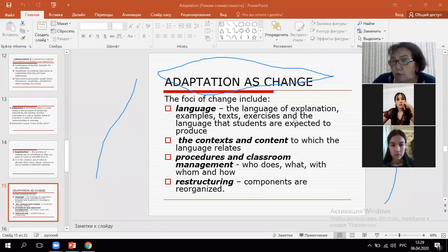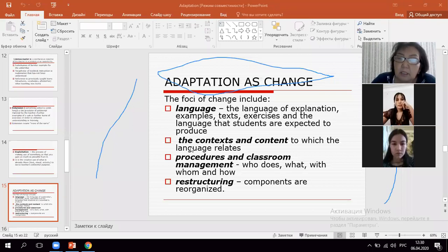Because you know that the language of the text, for example exercises or texts, is quite difficult. You know the level of your learners. Yes, they can't take this kind of language. So according to this, you can change the language, simplify the language.